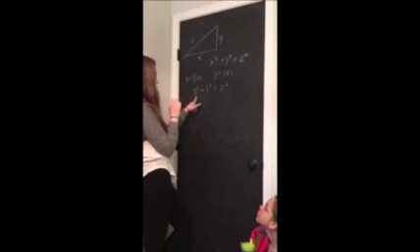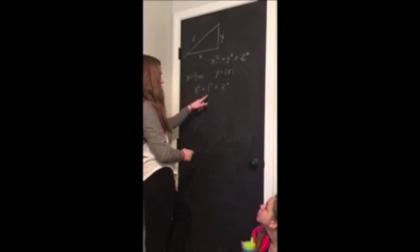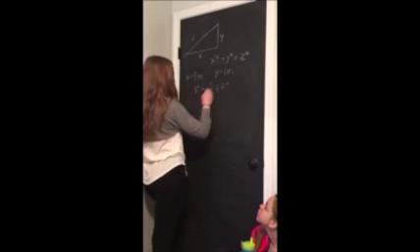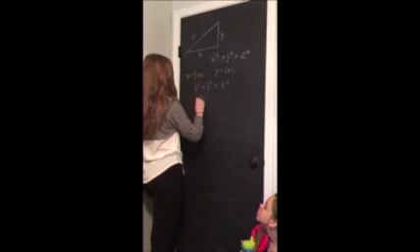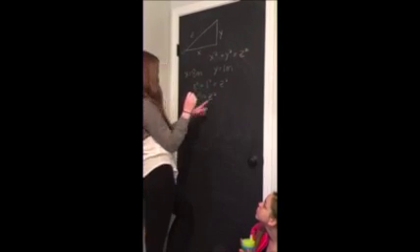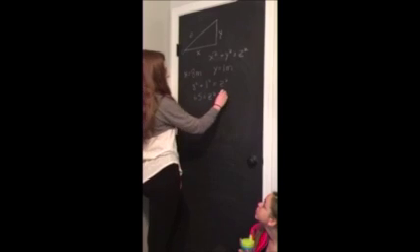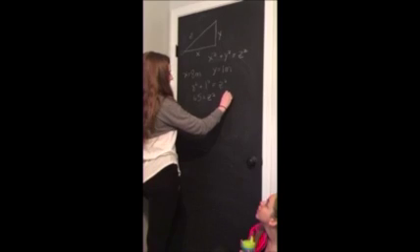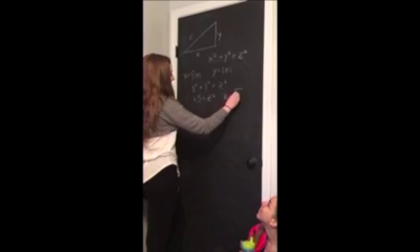So 8 squared is 64 plus 1 squared is 1, so that's 65 equals z squared. Then you can take the square root of both sides, so z equals the square root of 65.